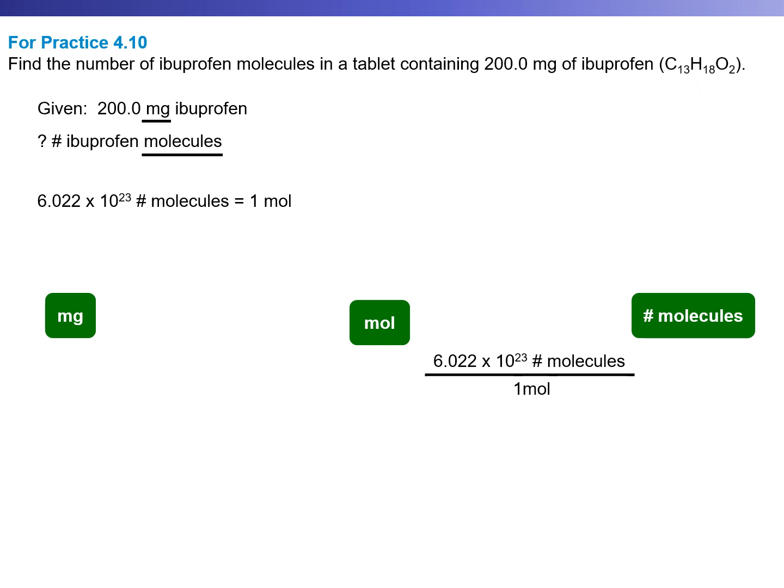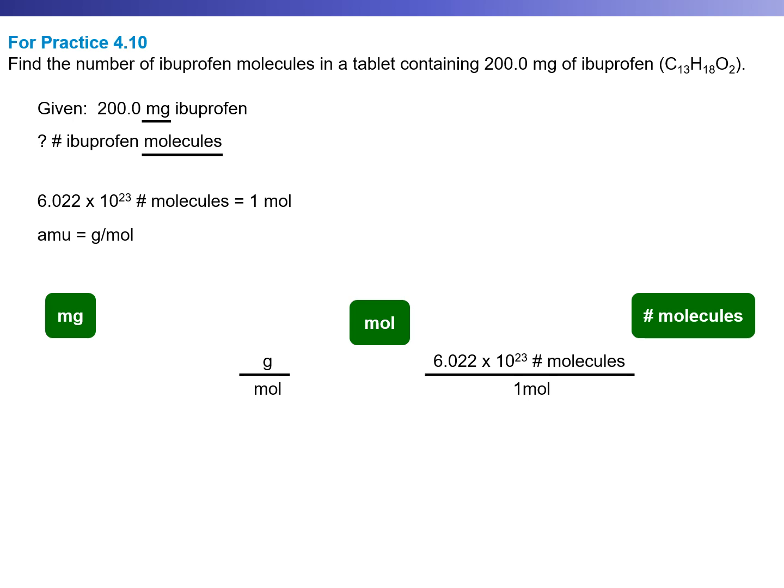So yes, we actually do have some information that will allow us to correlate grams and moles. It starts with the atomic mass unit, but what we know is that atomic mass unit can be converted into molar mass, and the units for molar mass are grams per mole. So then our next conversion factor is going to be grams per mole.